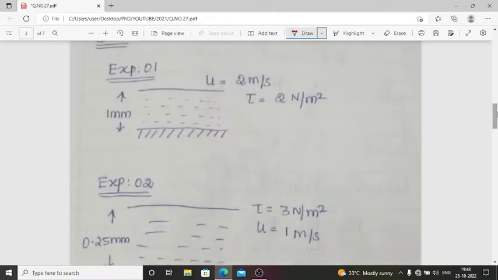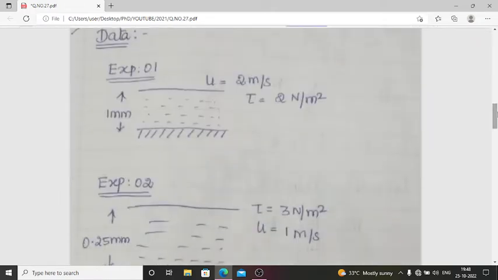Data, experiment number 1. Consider a fluid confined between two horizontal parallel plates and subjected to shear flow. In the first experiment, the plates are separated by a distance of 1 mm.